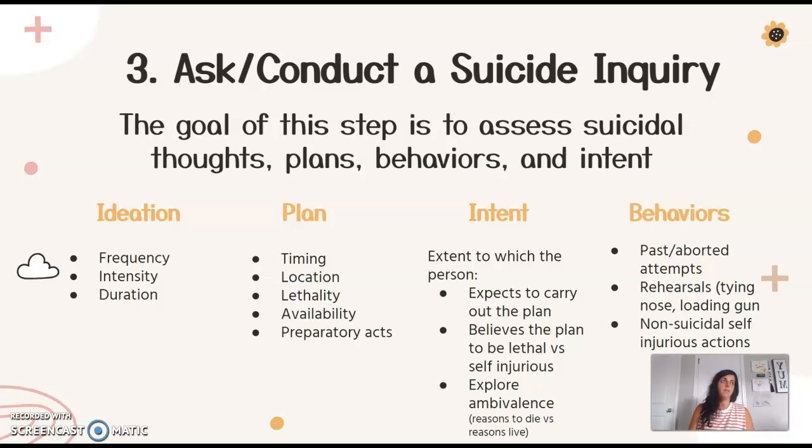So this is the time to note, do they have any reasons to continue living? So is it a pet? Is it a family friend? Is it looking forward to graduation or a vacation? You really want to listen for future focused language. And so someone's talking about how they don't want to live, but they know that they have to get up on time for their 8 a.m. or 8:30 class.